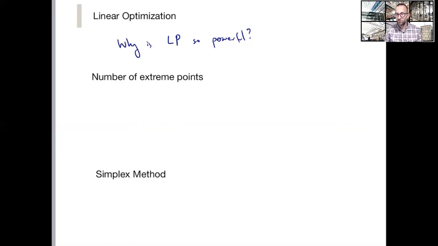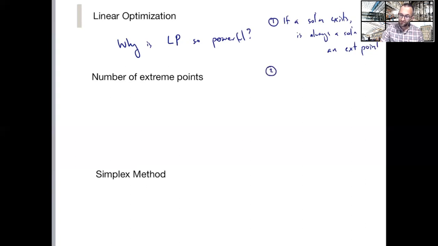And it has a combinatorial nature because of two properties. One, if a solution exists, then there is always a solution at an extreme point. An extreme point is another way of saying corner.